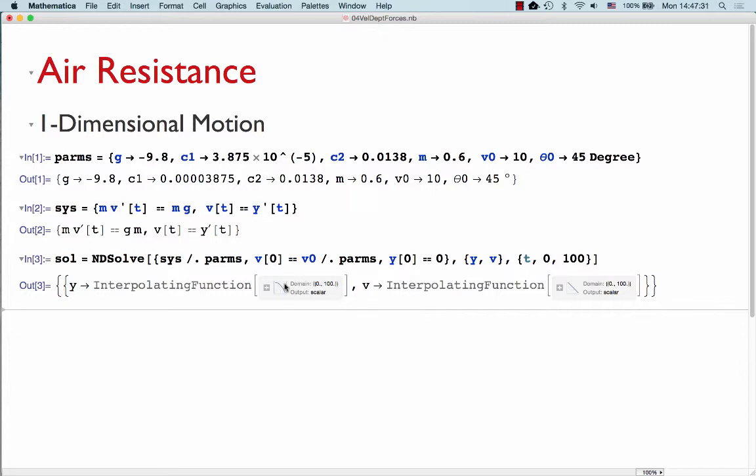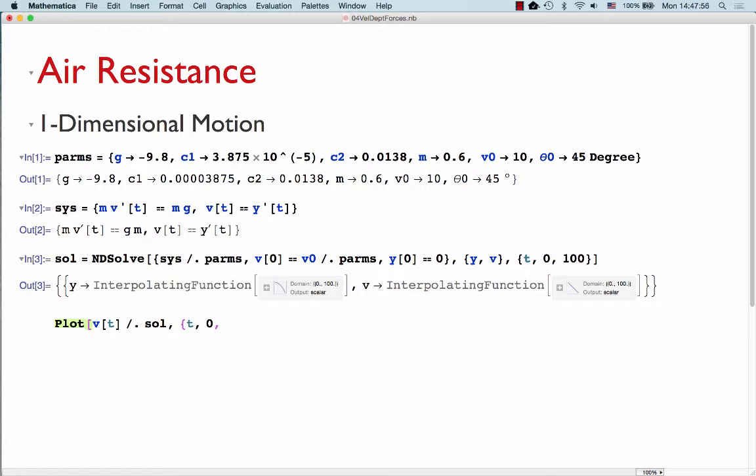But let's go ahead and actually plot them. So we'll plot, let's say, v of t substituting in our solution.